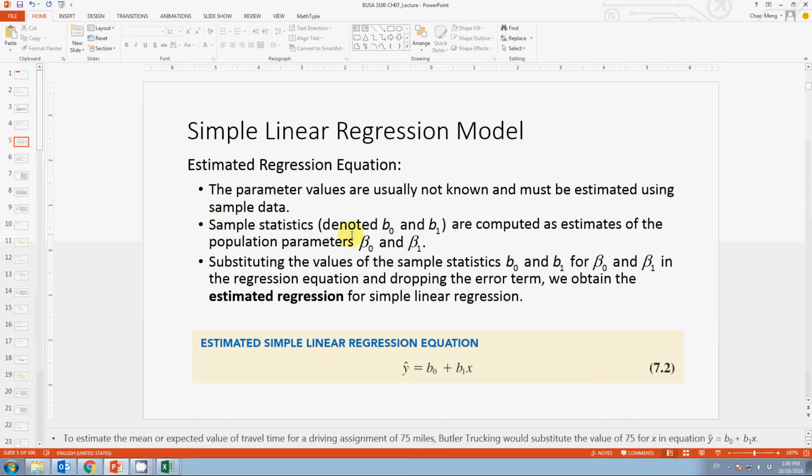We use those two terms to estimate beta 0 and beta 1. Because those terms are based on the sample, they are not population parameters. This form is learned in statistics class, so I will go over this very quickly.